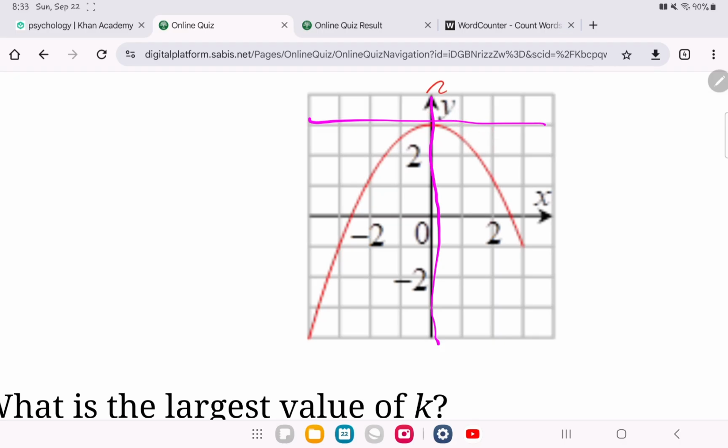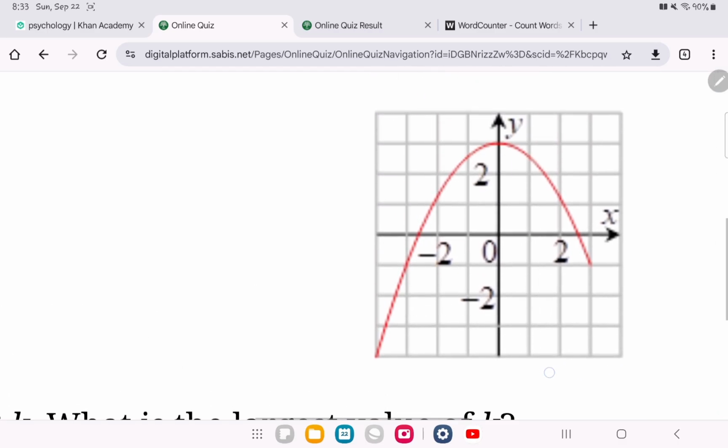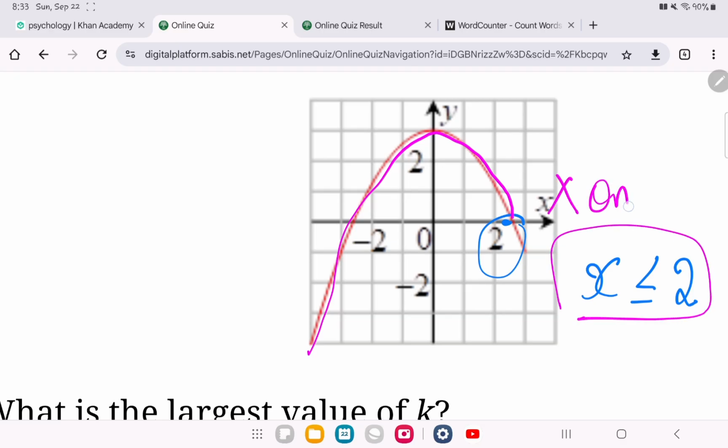So this is now a 1-to-1 function, and this is now a 1-to-1 function. Now they're telling us that x is less than or equal to k. They need the largest value of k. Well, if we chose 2, for example, so x has to be less than or equal to 2, will it then be a 1-to-1 function? Because look, all the values less than or equal to 2 follow the whole curve. So definitely this is not 1-to-1.